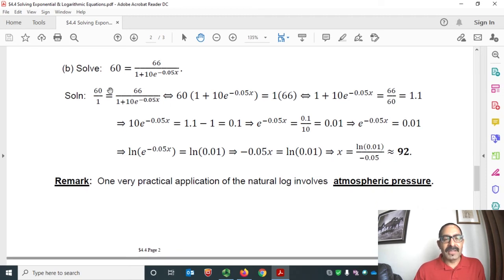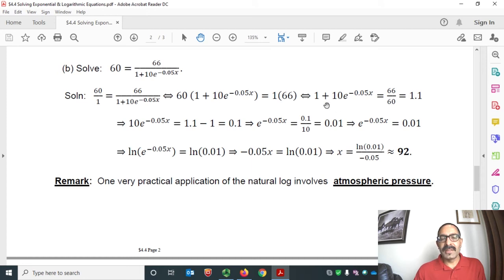And now I cross multiply: 60 times this denominator equals 66 times 1, which I did here. So 60 times 1 plus 60 times 10e to the power negative 0.05x equals 66. In the next step, I divide both sides by 60, so then 1 plus 10 times e to the power negative 0.05x equals 66 over 60, which is 1.1.